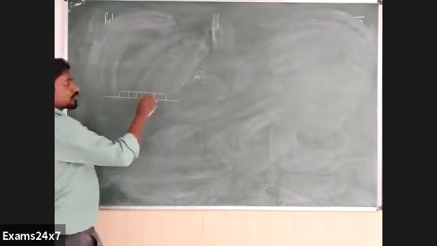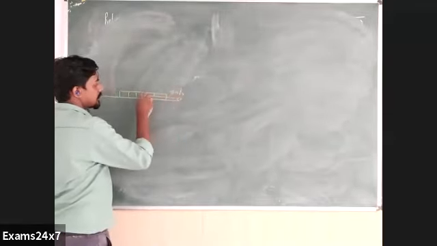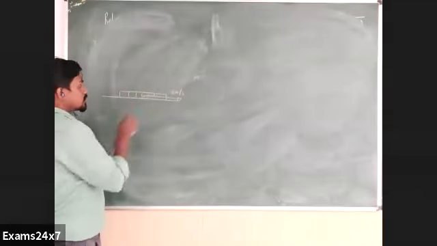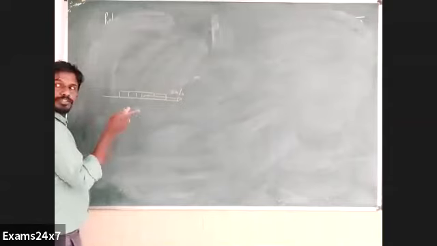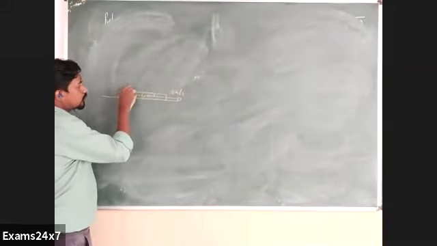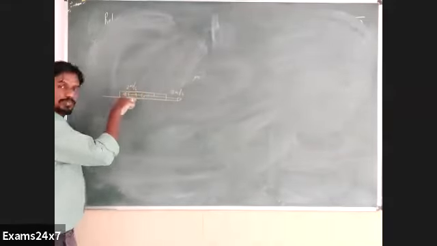Okay, listen. What's the velocity of the train? 2 meter per second. That is with respect to ground. Correct? What is the velocity of the man? 2 meter per second in the opposite direction with respect to the train.